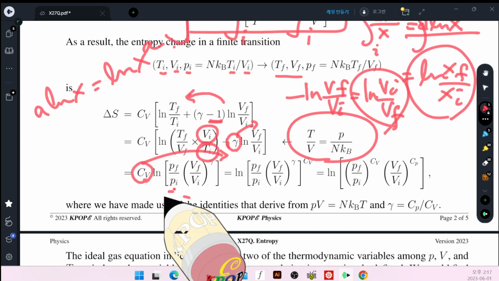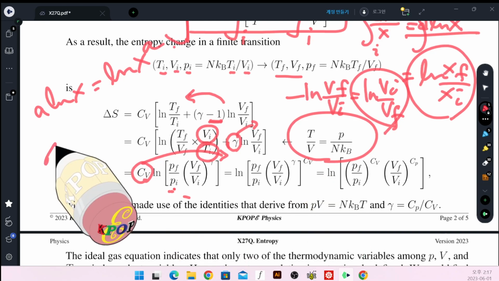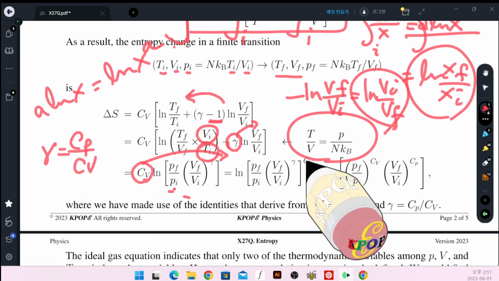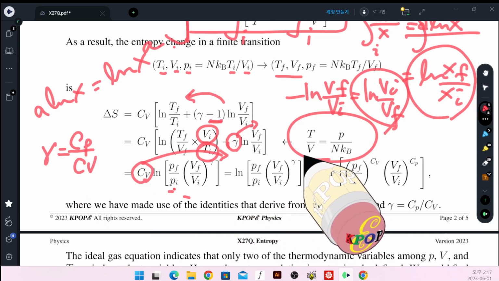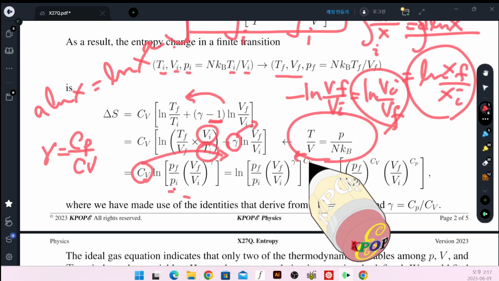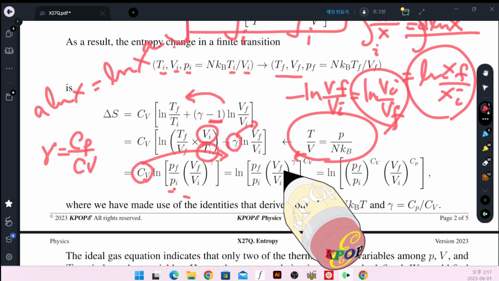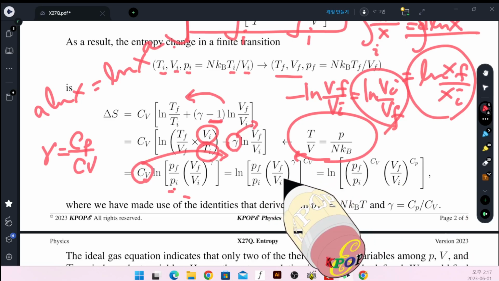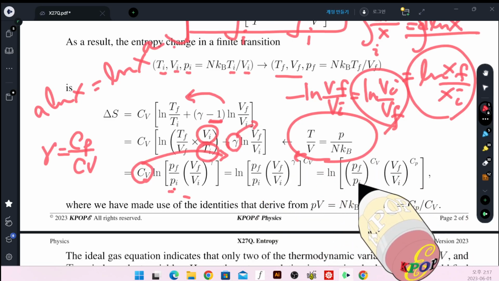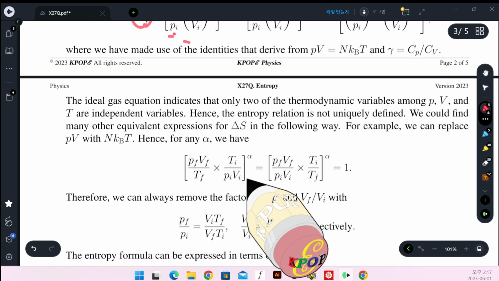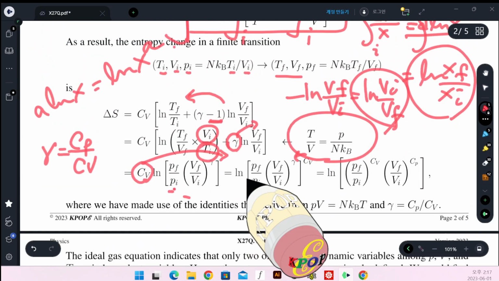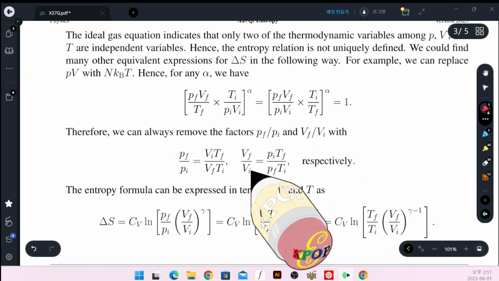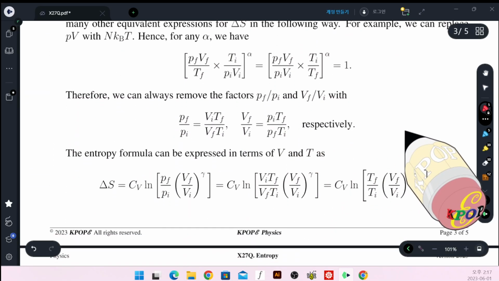Okay, but we recall that gamma equals Cp over Cv. Therefore, if I insert this power and multiply these two powers, what I get is a Cp for the volume ratio and Cv for the pressure ratio. In this manner, we can compute the change in entropy from the initial state to the final state analytically.